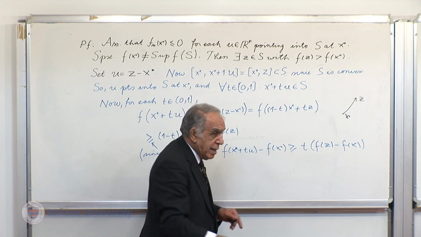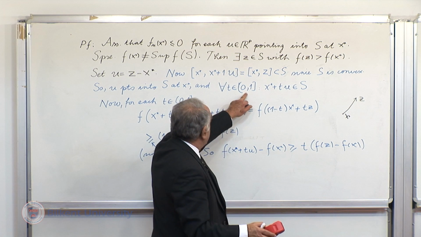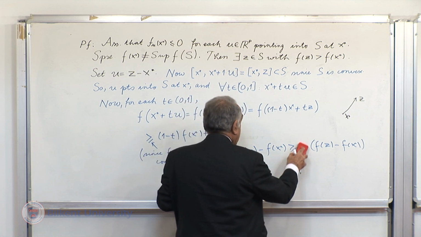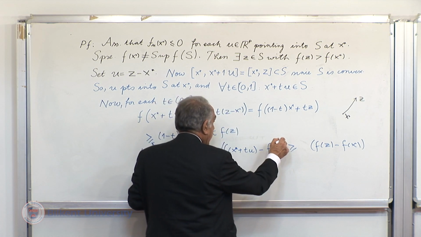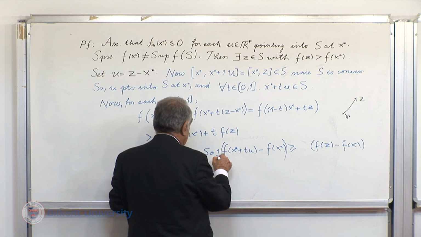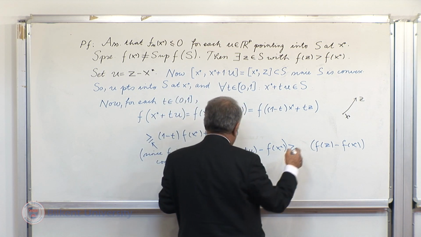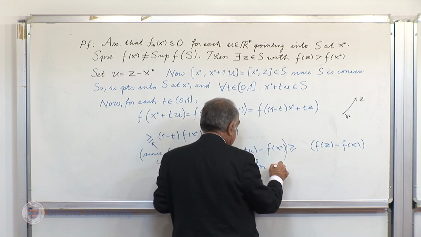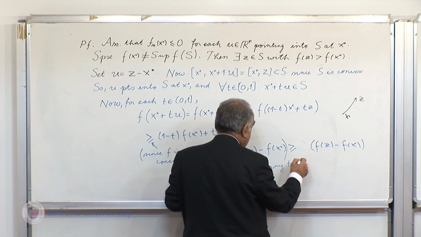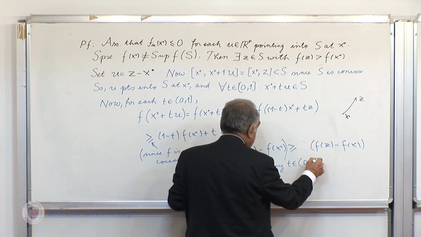But I can divide by t, since t is positive in this interval. So 1 over t times the difference will be larger than or equal to f of z minus f of x star for any t in 0, 1.